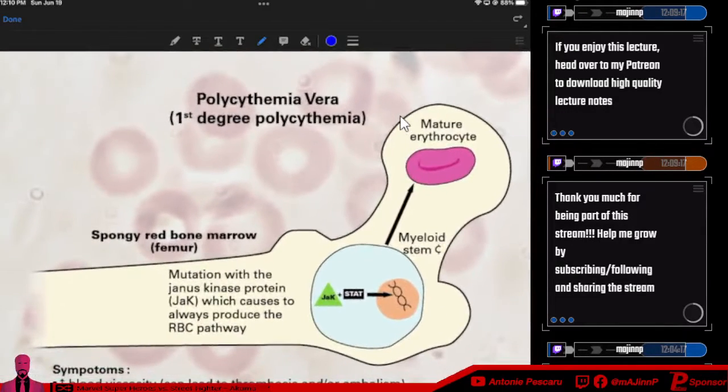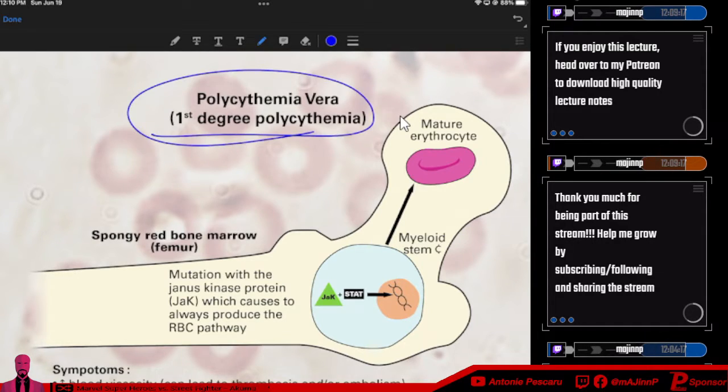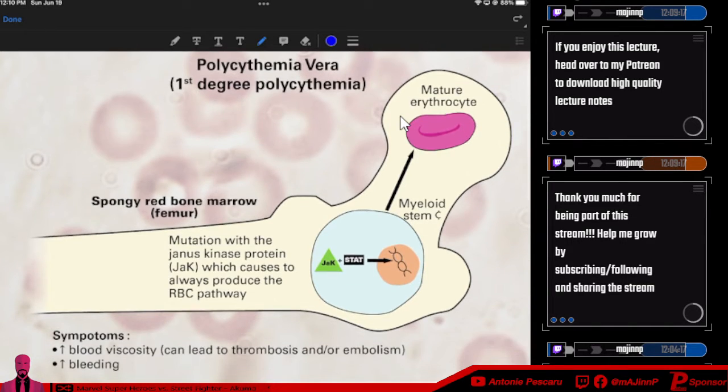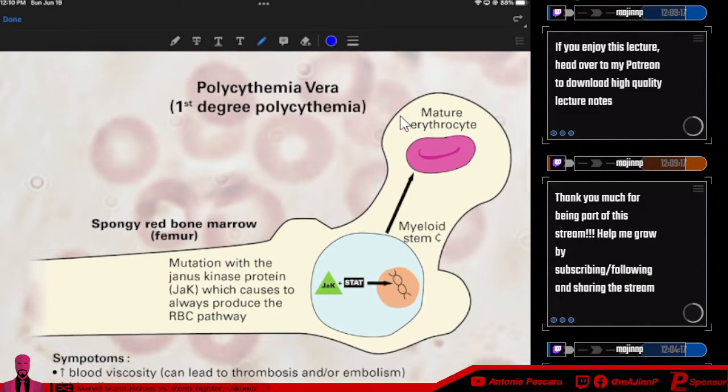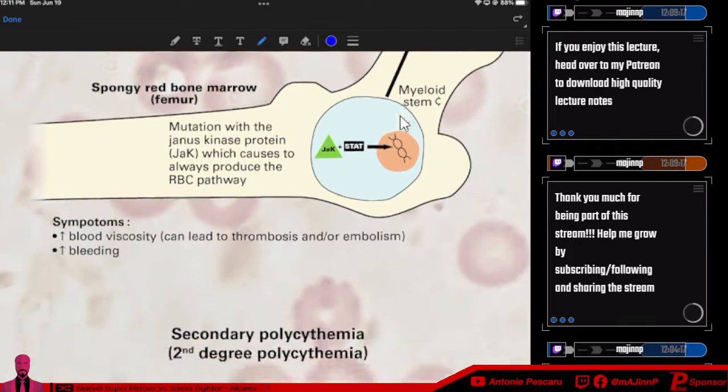And then finally, another one of the blood pathologies, there's actually two of them, but they're the same one. It's polycythemia. In this case, we're going to look first at first degree polycythemia, which is an increase of red blood cell synthesis.